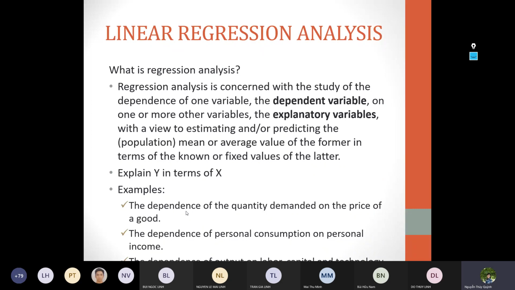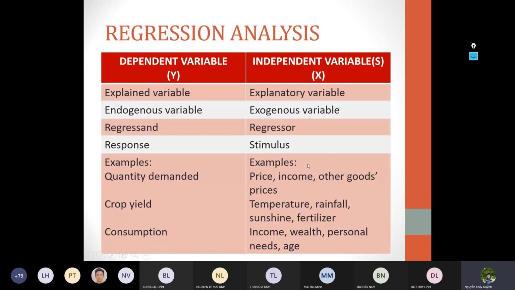We want to know how the independent variables affect the dependent variables, right? The names of those variables explicitly tell us the role of those variables in the model.